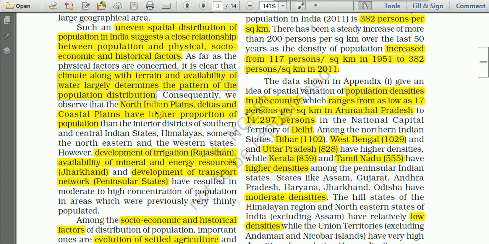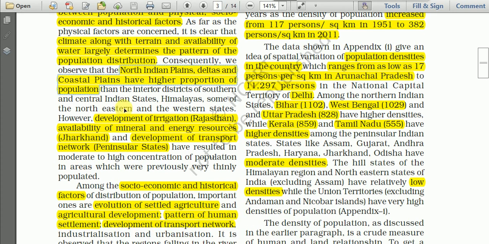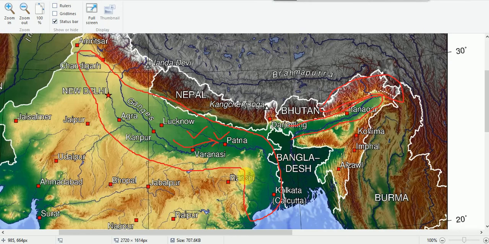Consequently we observe that the northern plains, deltas and coastal plains have a higher proportion of population than the interior districts of the southern and central states, then the Himalayan states, and some other northeastern and western states, as you have seen here.